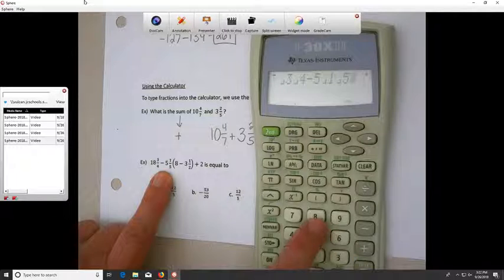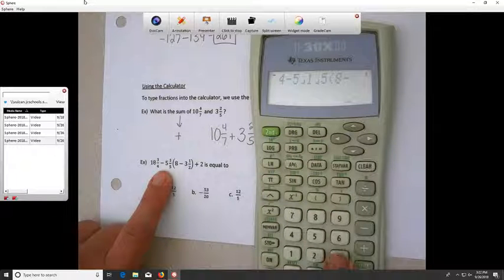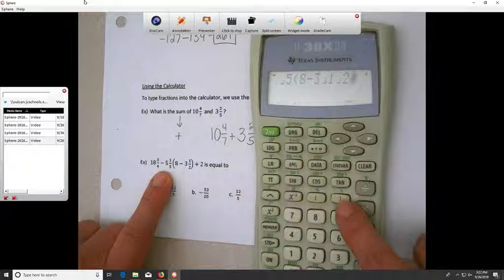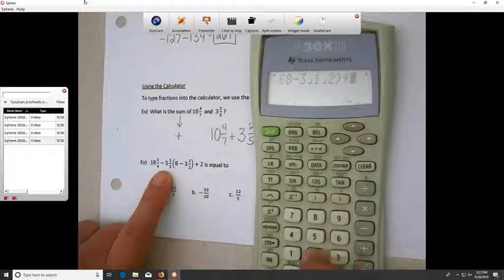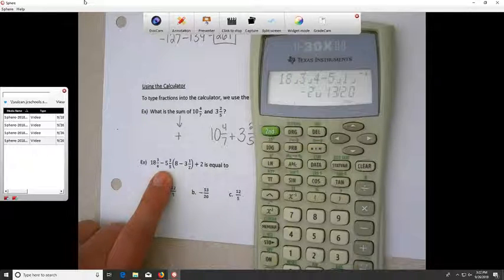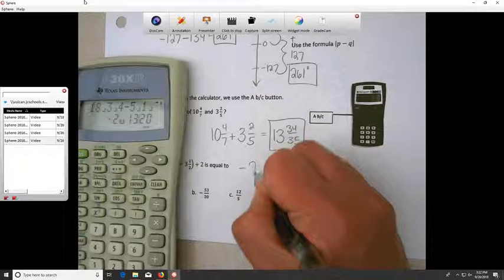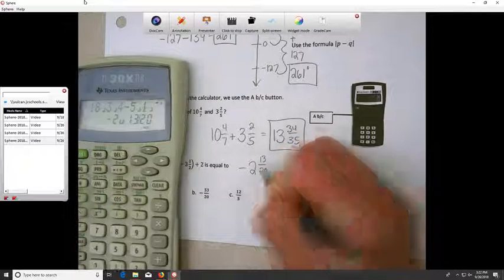The parentheses are above the 8 and the 9, so open parentheses, 8 minus 3 ABC 1 ABC 2. We'll close the parentheses above the 9 there, and then plus 2. Okay, so we get negative 2 and 13/20 for our answer.